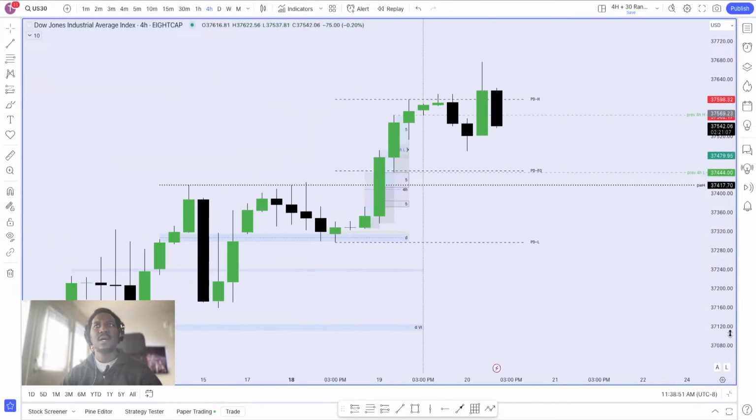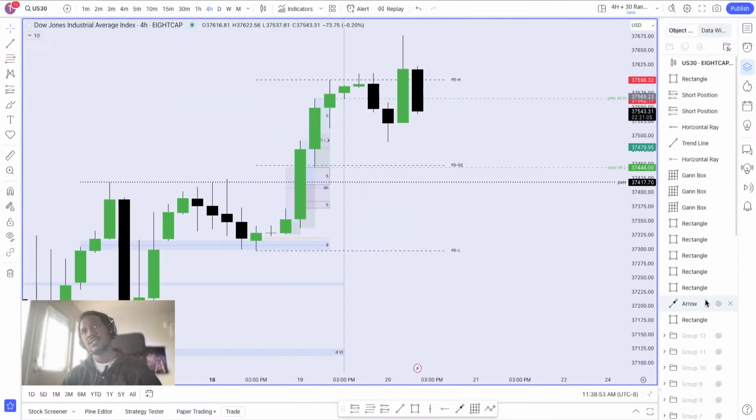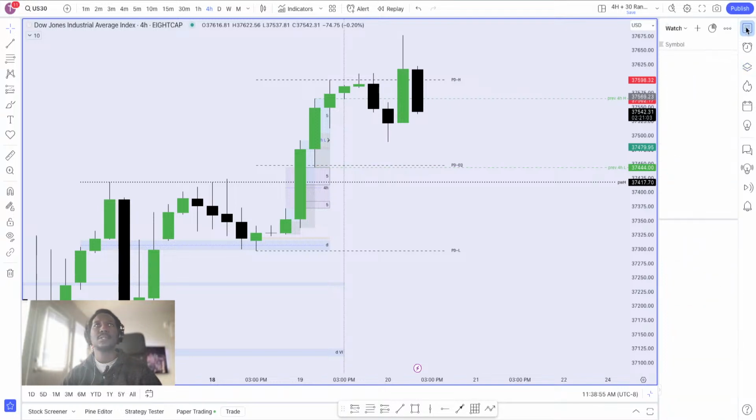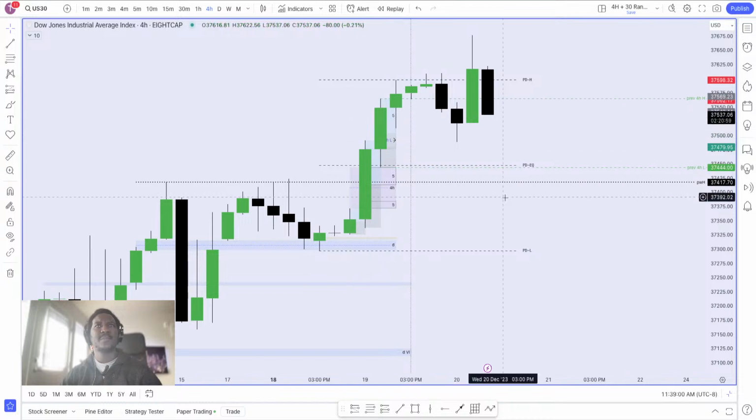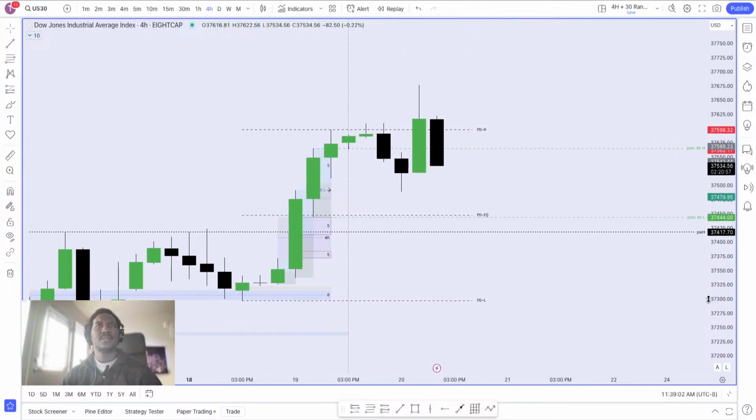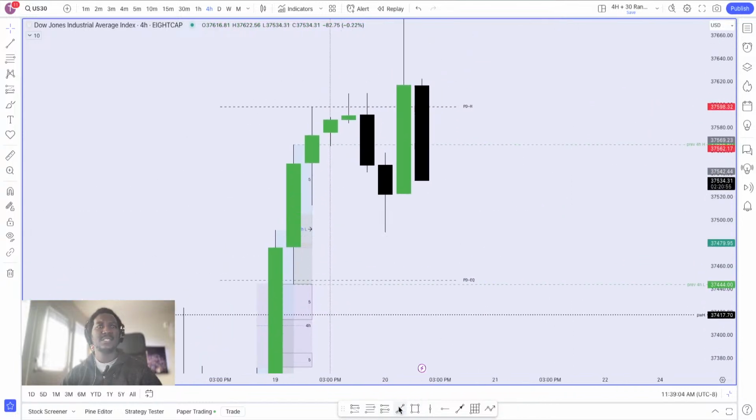Looking at the 4-hour time frame, I think all those levels are right there. These are levels from yesterday. We are kind of going down, right? This candle here is the previous down candle before we saw this move up. That can be a level that we add there.